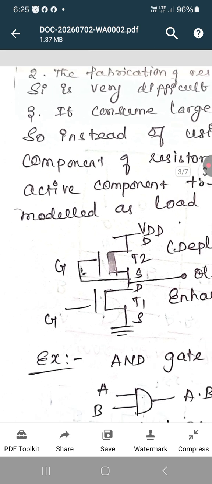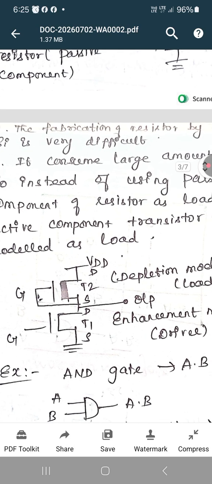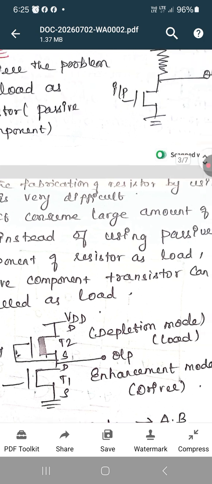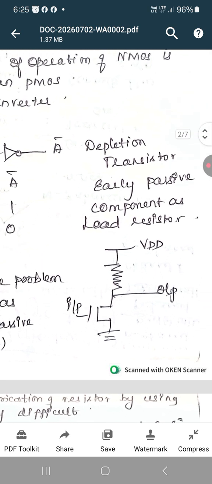In earlier days, instead of this depletion mode transistor, they used a resistor element as the load. The depletion mode acts as a load. Earlier the resistor, a passive component, was used, but later it was replaced by the transistor, an active component. Why?